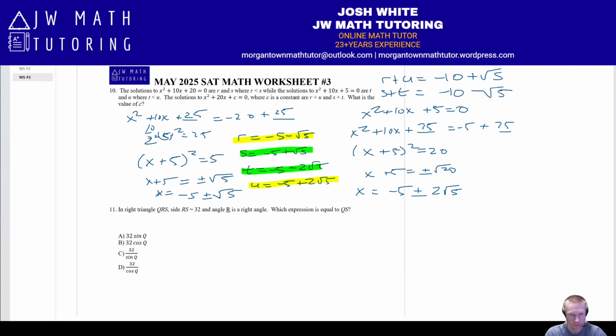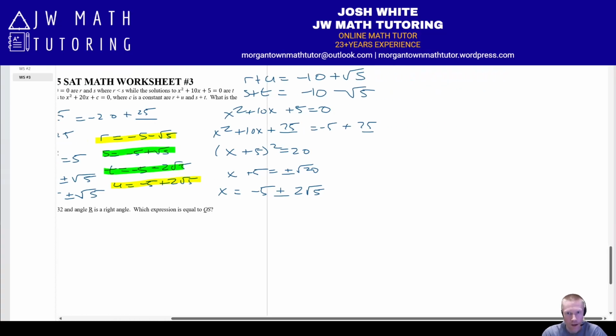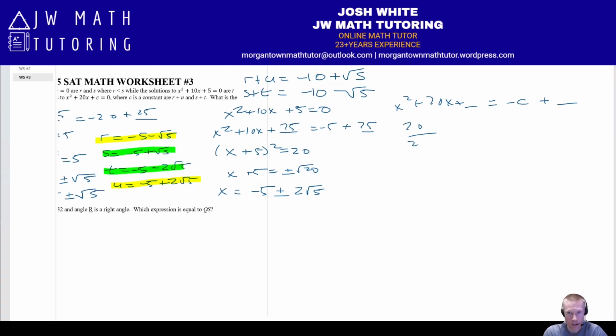All right. So now the way that I actually go through and set up the new problem to solve for c is basically as follows. Let me just slide over here. So if I go through, again, completing the square, minus c plus blank, 20 divided by 2 is 10. 10 squared is 100.